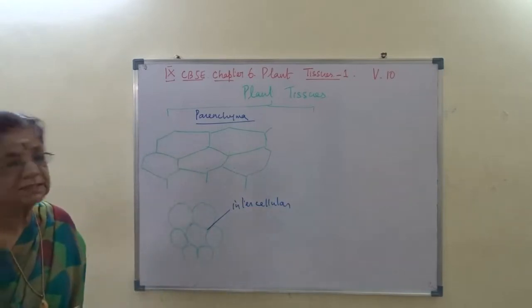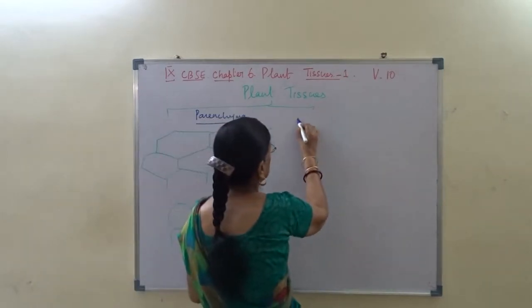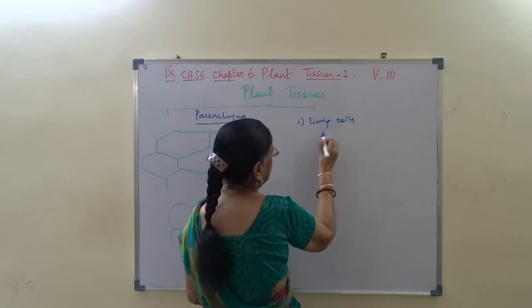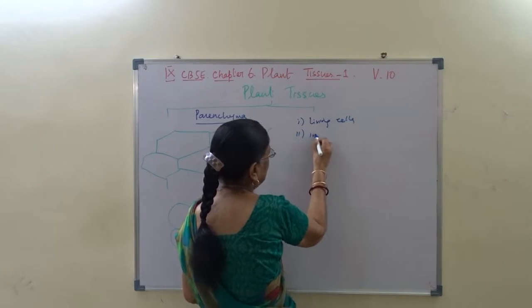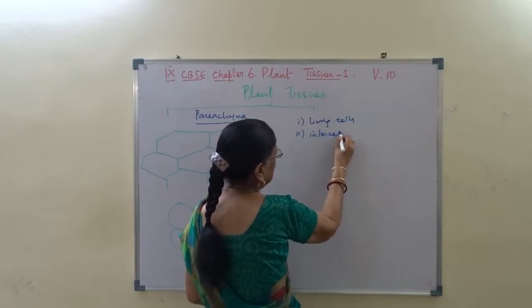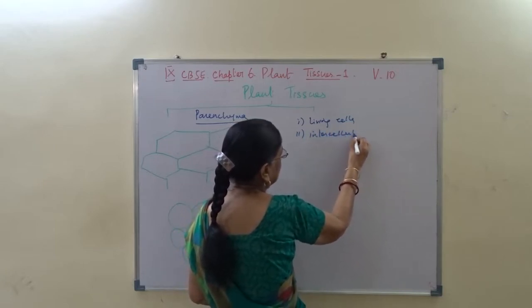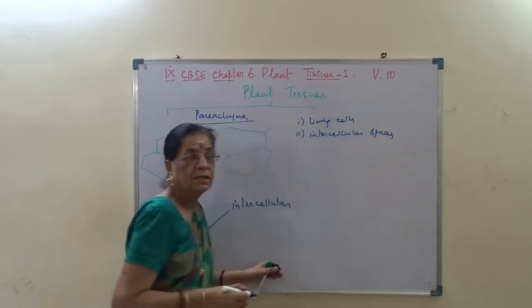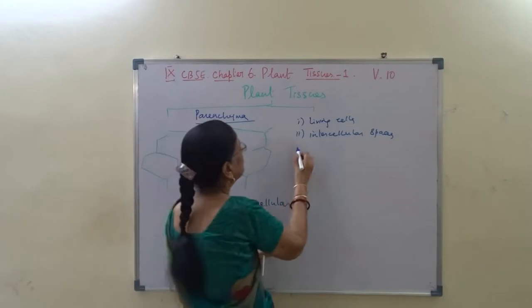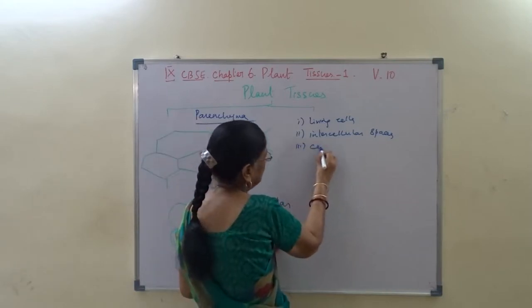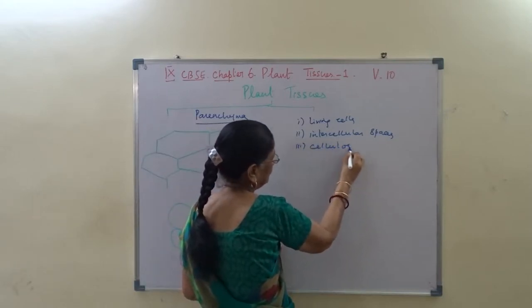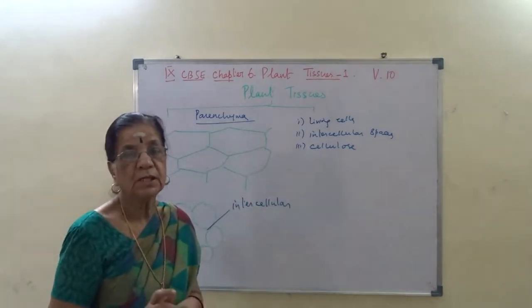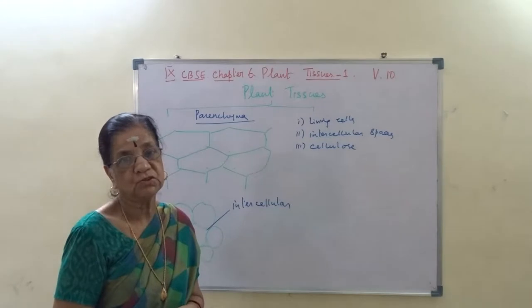First, they are living cells. They have intercellular spaces, and the cell wall material is cellulose and hemicellulose.